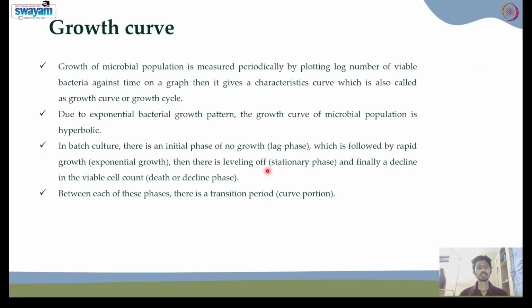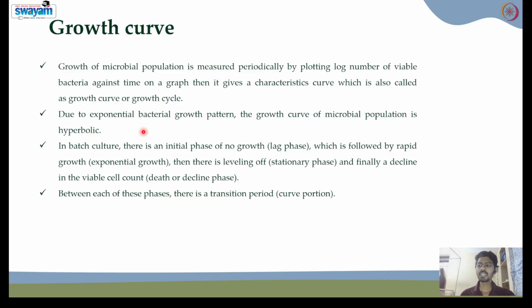A growth curve tells us the growth of cells, that is, how a microbial population grows. And how is it measured? It is usually measured by plotting the log of the viable cells against time, and this we call a growth curve or growth cycle.